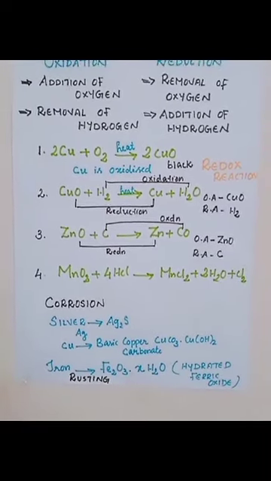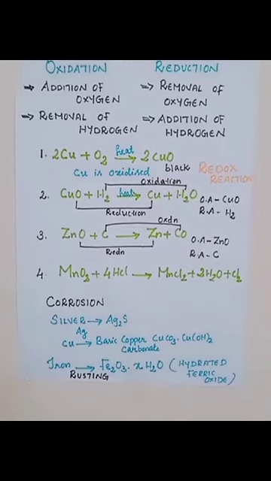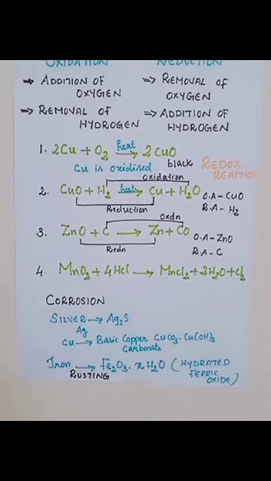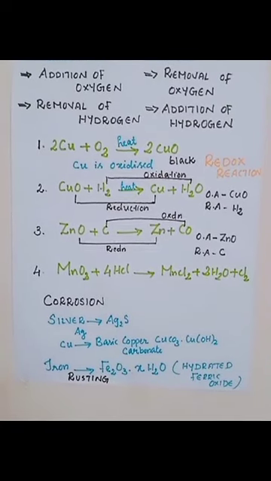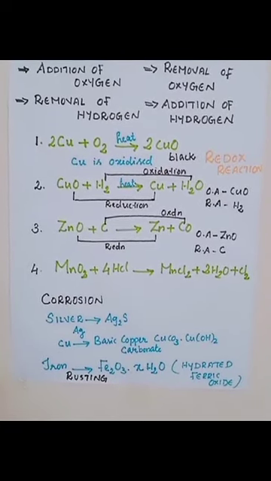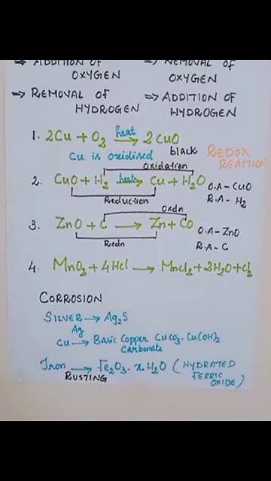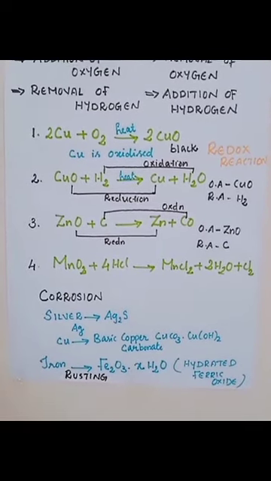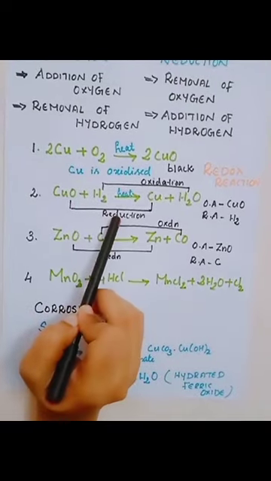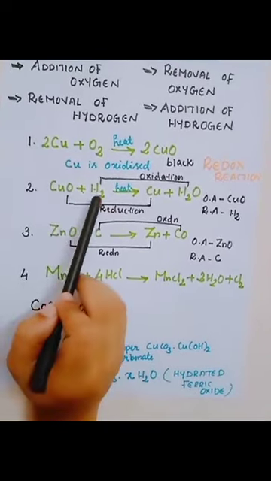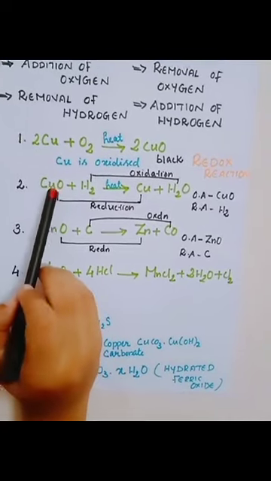Along with that we have to study the oxidizing agent and the reducing agent. The element or compound which helps oxidation is called an oxidizing agent, and the one which helps reduction is called a reducing agent. Here, copper oxide is undergoing reduction, that is, copper oxide is helping hydrogen to oxidize.